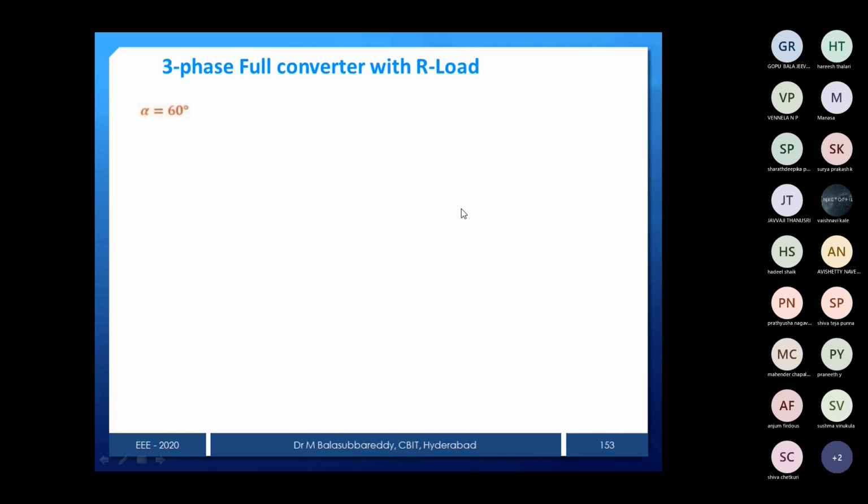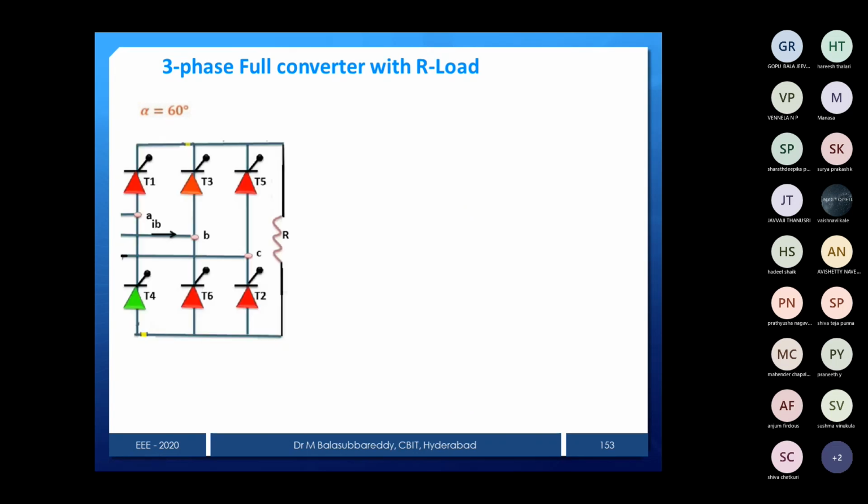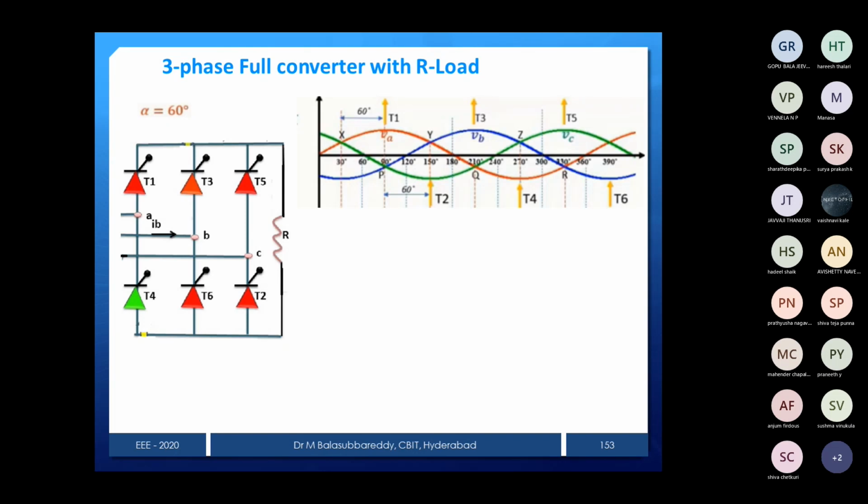Now alpha is equal to 60 degrees. Again the same thing: you count 60 degrees and put the firing pulse. Only the starting point will differ. You can see this is 0, then 30 degrees, then 60 degrees. So alpha of 60 is nothing but omega t equal to 30 plus 60, that is 90 degrees. There you can put the pulse, that way is also fine.